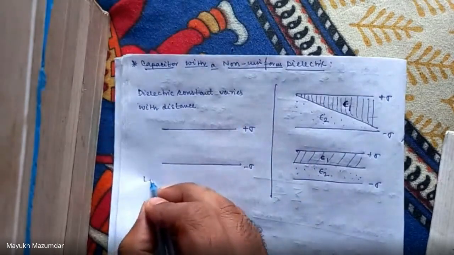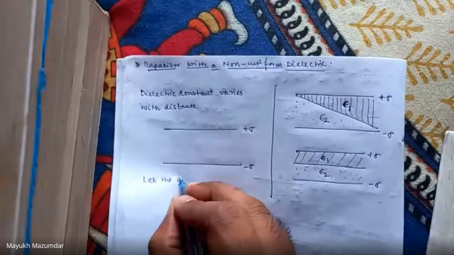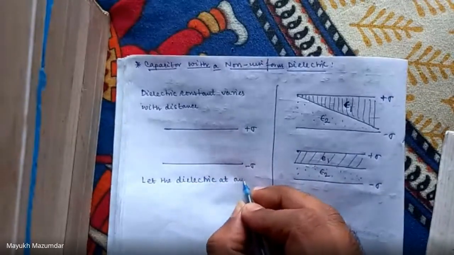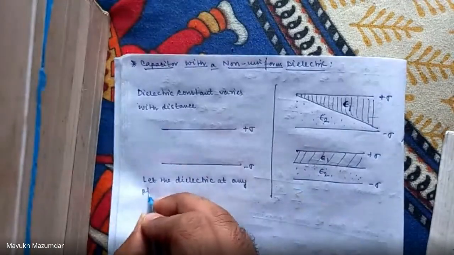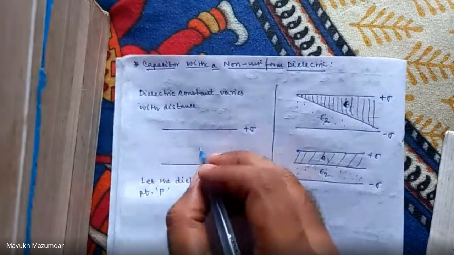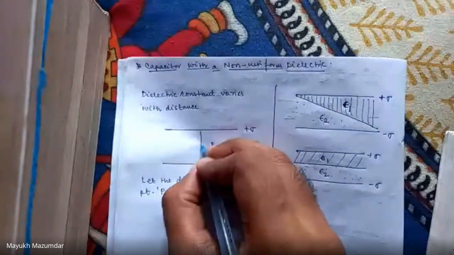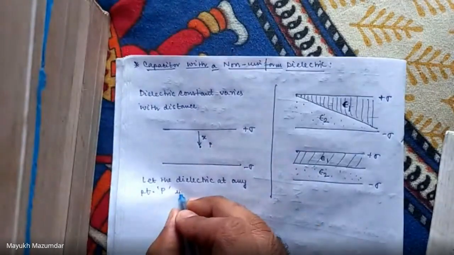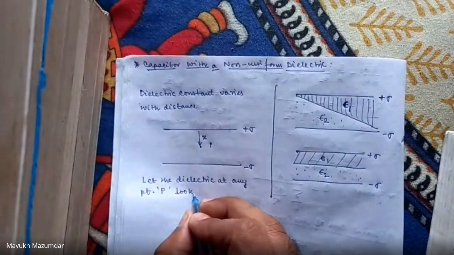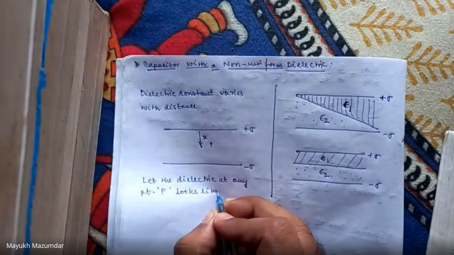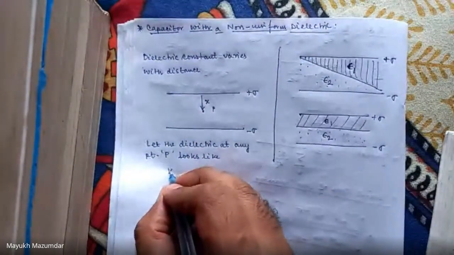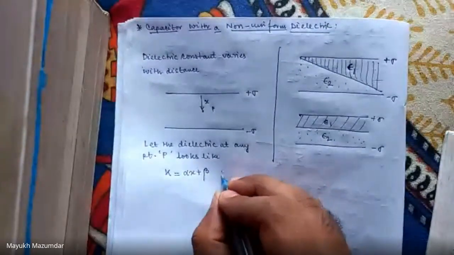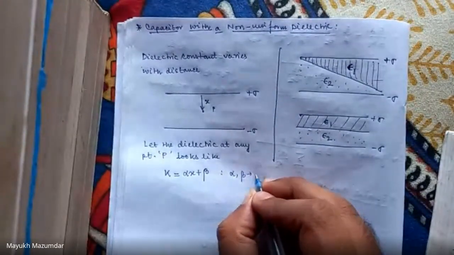Let the dielectric constant at any point, say P, here is a point P which is at the distance x from the first plate, look like k equal to alpha x plus beta, where alpha and beta are constants.